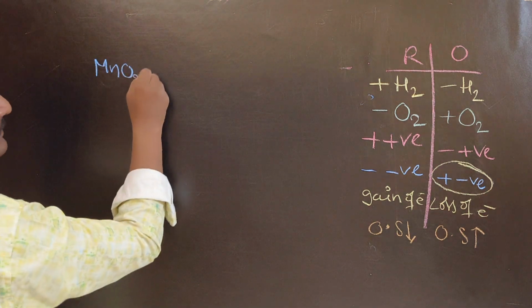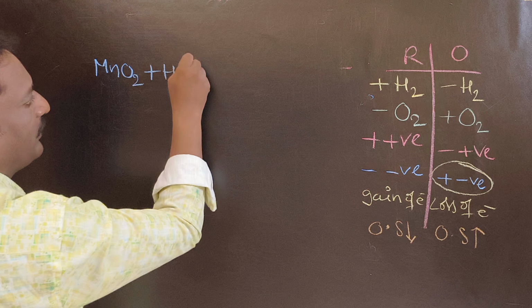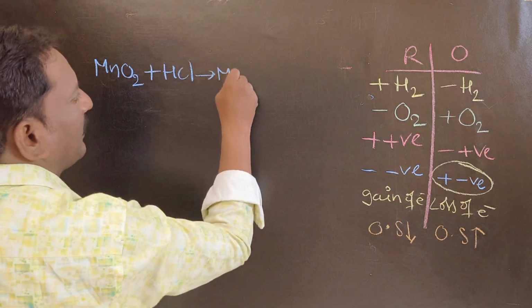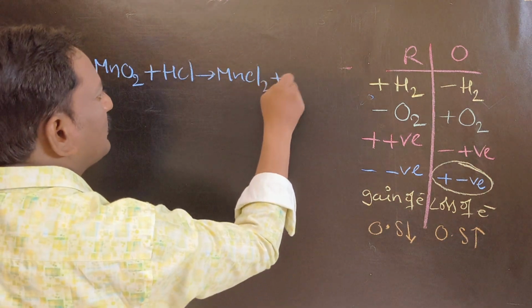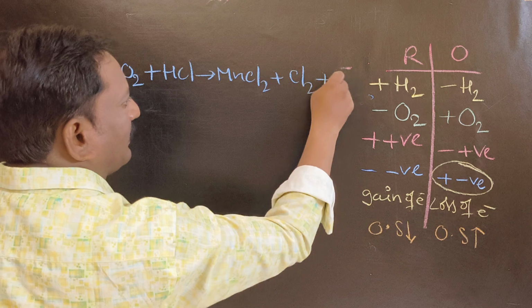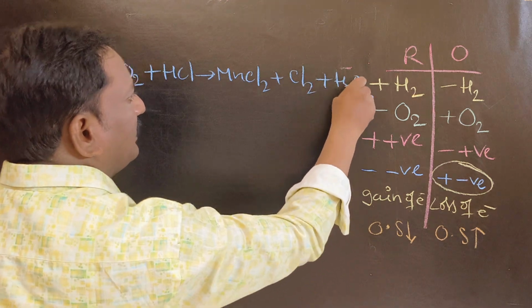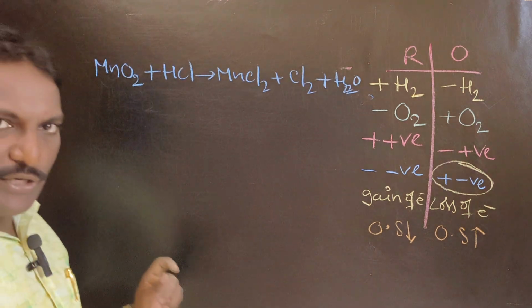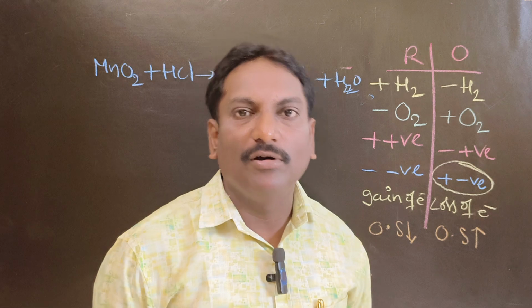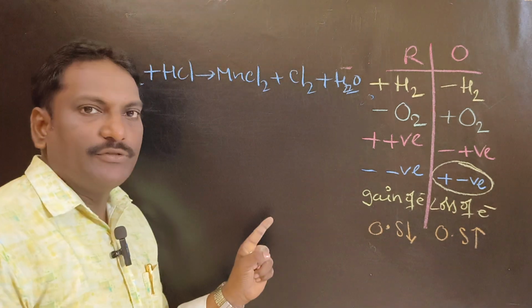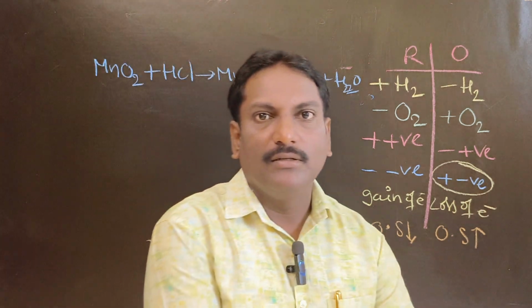Manganese dioxide reacts with hydrochloric acid to give manganese chloride plus chlorine plus water. In this one, which one is the reducing agent? Which one is the oxidizing agent? Try yourself.